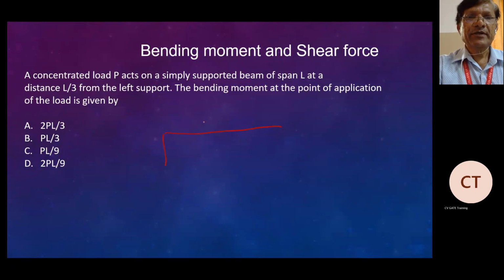It is acting at a distance L by 3 from here, so this is L by 3. You have to calculate the reaction and the bending moment at the point of application.